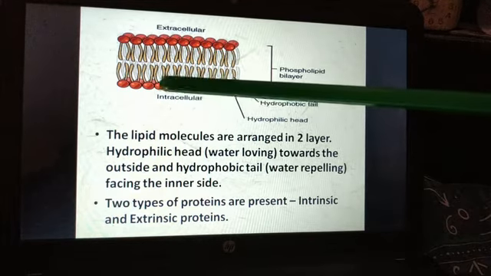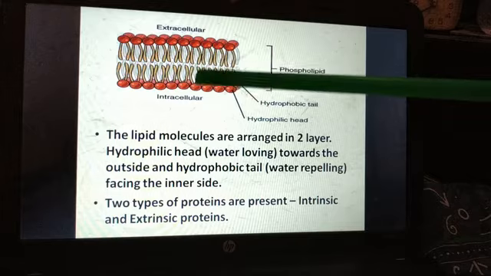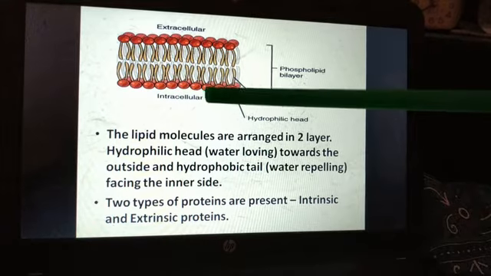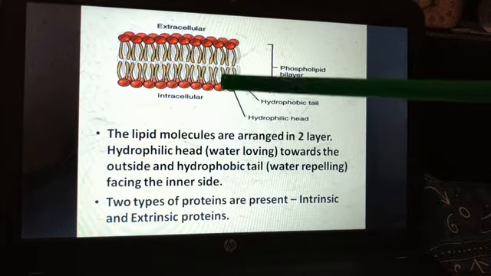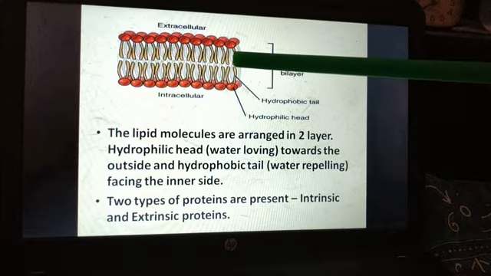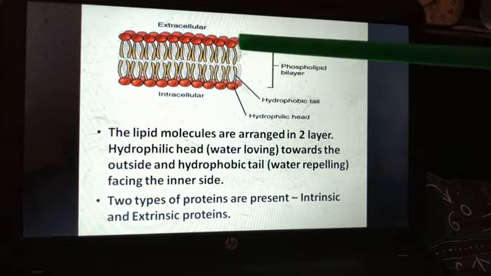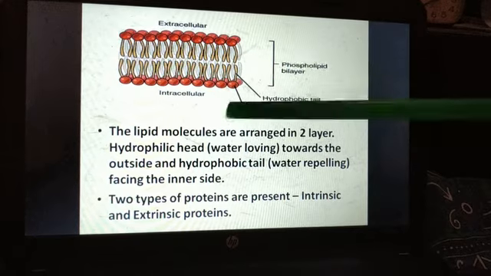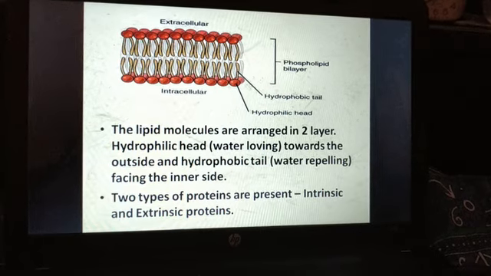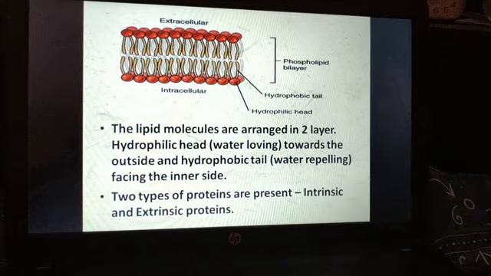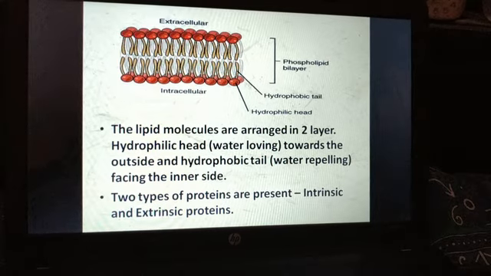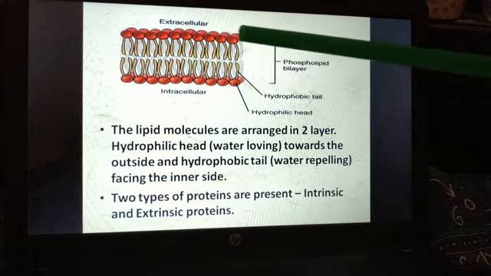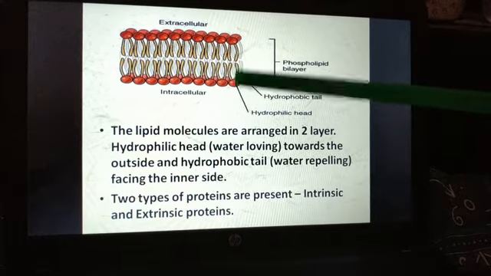So these are the heads, these are the tails, and this part is hydrophilic and this part is hydrophobic, and together they are the phospholipid bilayer. Now the lipid molecules are arranged in two layers, as I have already said. This is the first layer and this is the second layer.